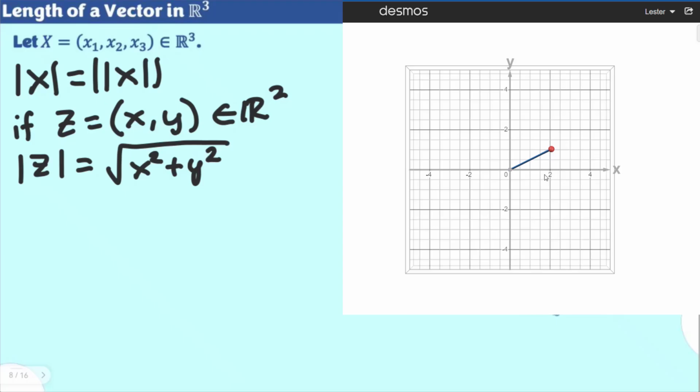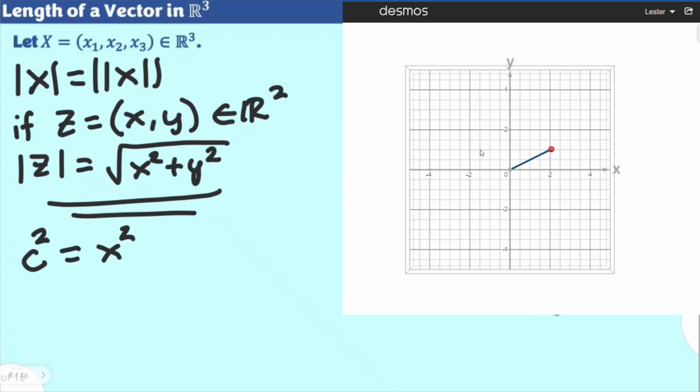Therefore, this corresponds to this formula as well here. And since this is an R3, let us denote it as c in the meantime. Our c squared, the hypotenuse for this, is actually equivalent to x squared plus y squared in this given expression, where y again is the distance of this point from the x axis, and your x is the distance of that point from your y axis.